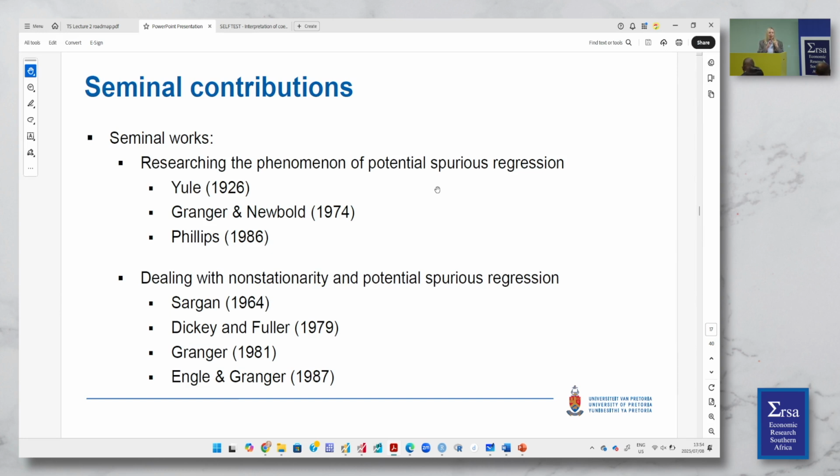Steady state equilibrium, because that's what we learn in the macro class, that systems behave according to this steady state equilibrium, but also we know that most often systems are in disequilibrium.